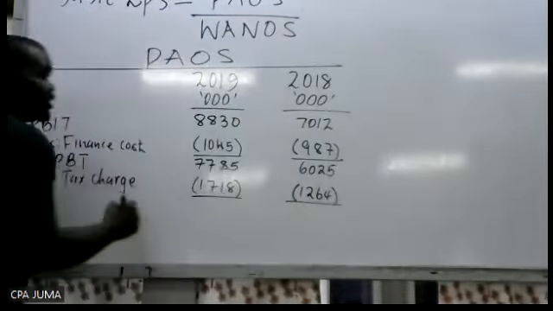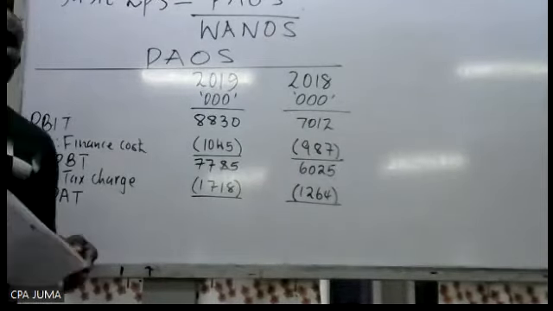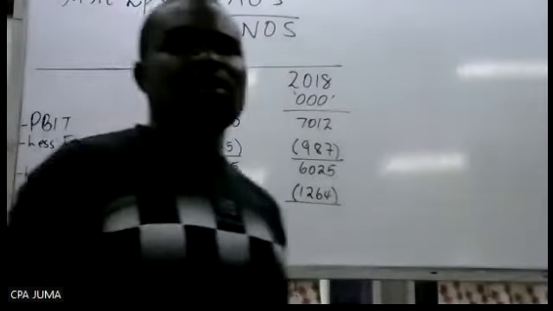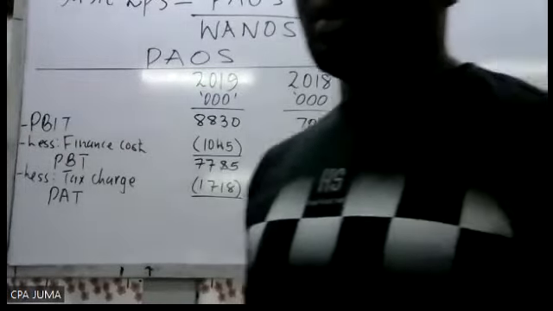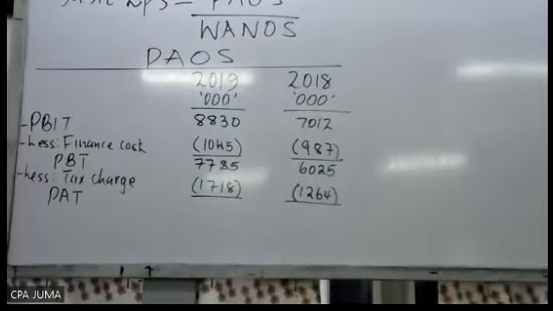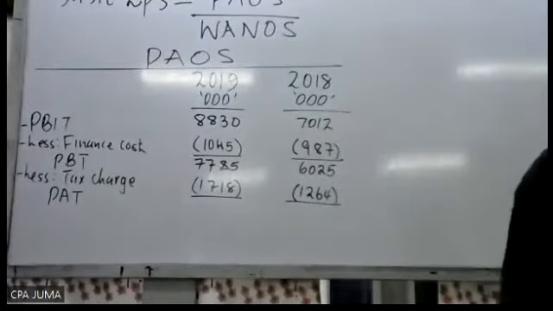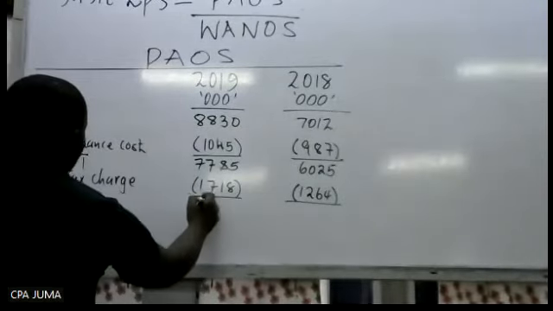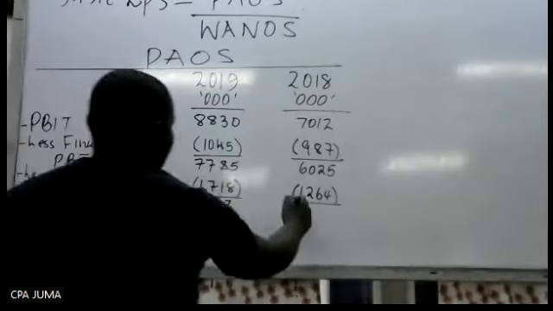What you get is PAT, profit after tax: 6067, followed by 61.